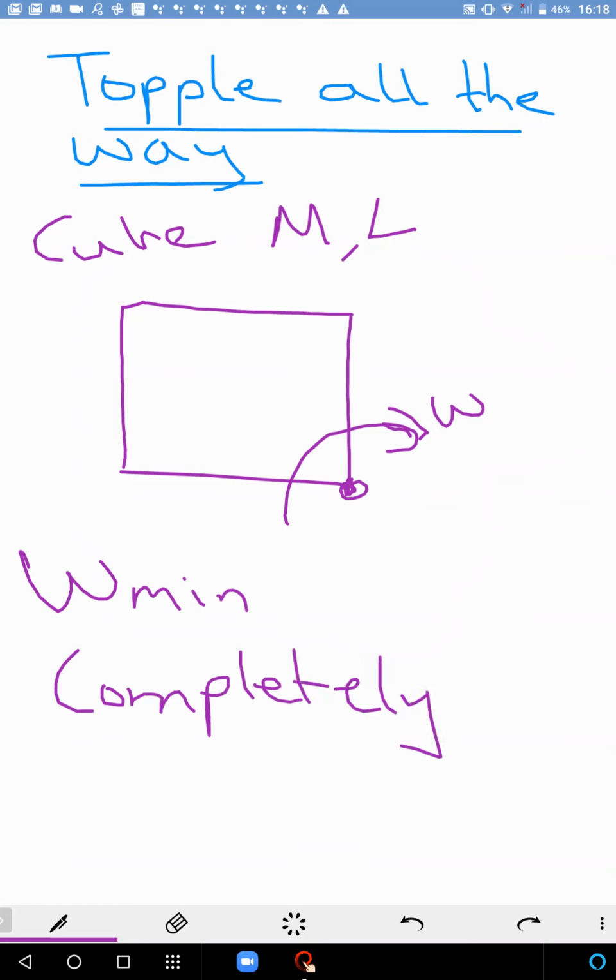Completely topple means it should go and fall on the other side, on this side. So what is the minimum omega for it to completely topple? Can you try this out?